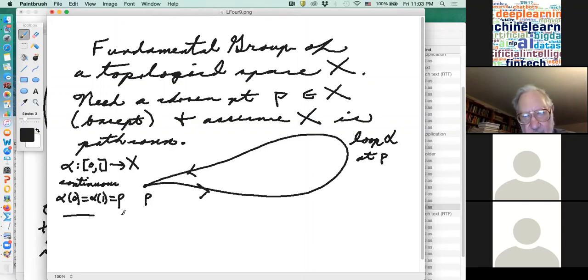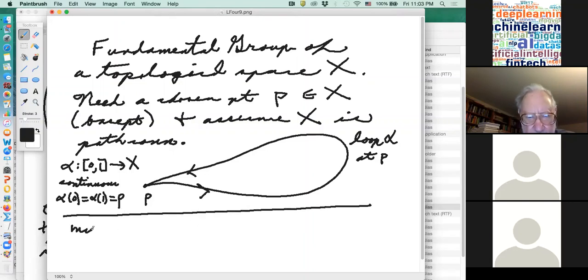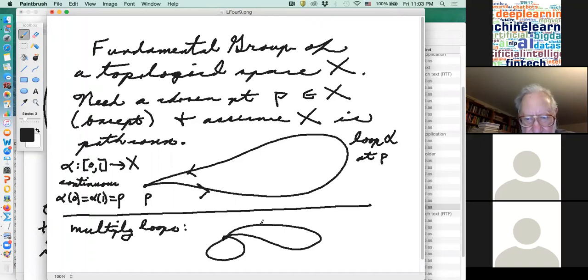So now what I'm going to do is I'm going to multiply loops. So if I have a loop based at P, and I have another loop based at P, then I obtain a new loop, alpha beta, which means run along alpha, then run along beta.